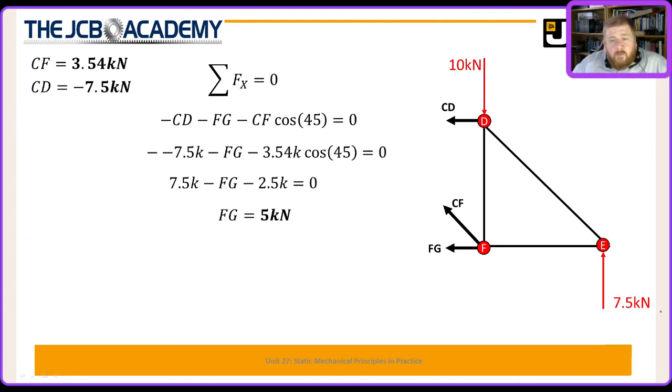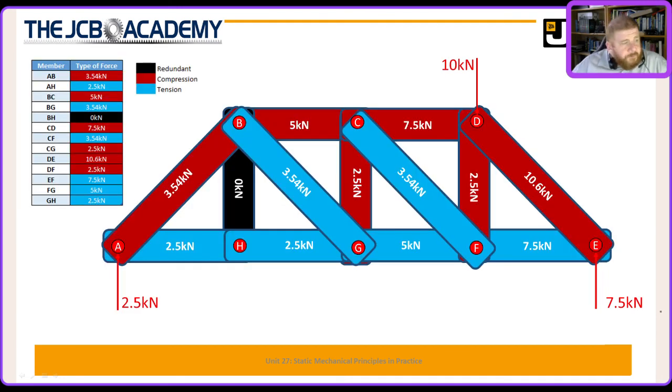6 forces calculated. If we go back through this video and look at our truss, you can see that those 6 forces all equate: 5k in compression, 3.54k in tension, 2.5k in tension, 7.5k in compression, 3.5k in tension, 5k in tension.